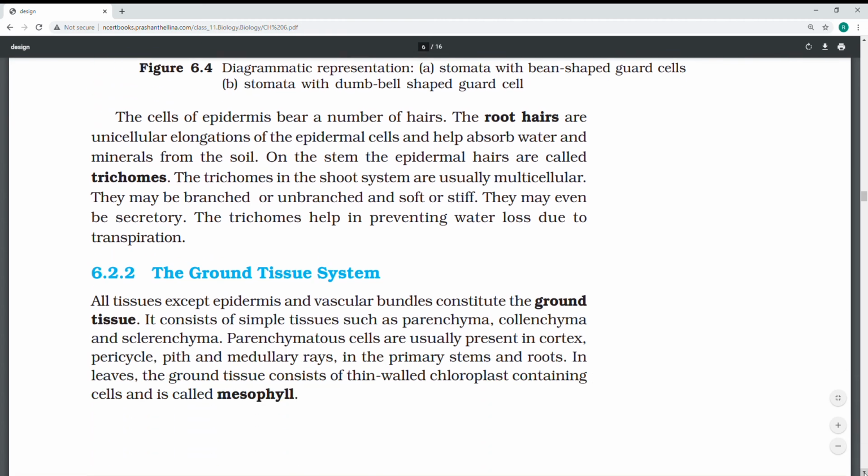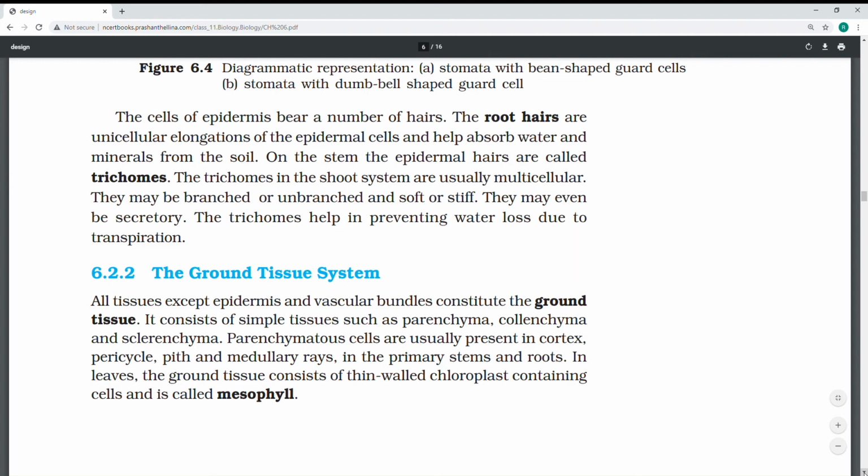Next are the cells of the epidermis. After stomata, root hairs are outgrowths from epidermal cells. Unicellular elongations are called root hairs, which you will see on the root itself, and they help in water and mineral absorption.